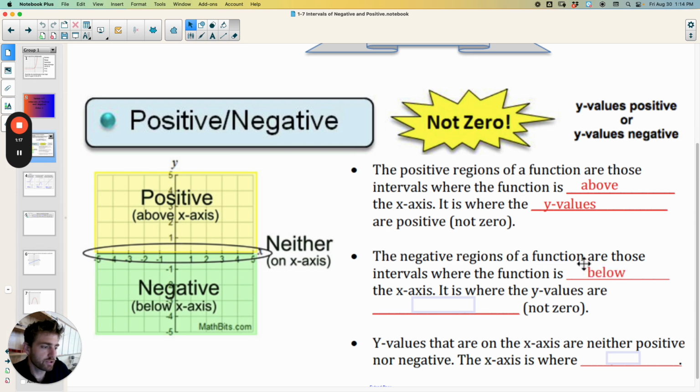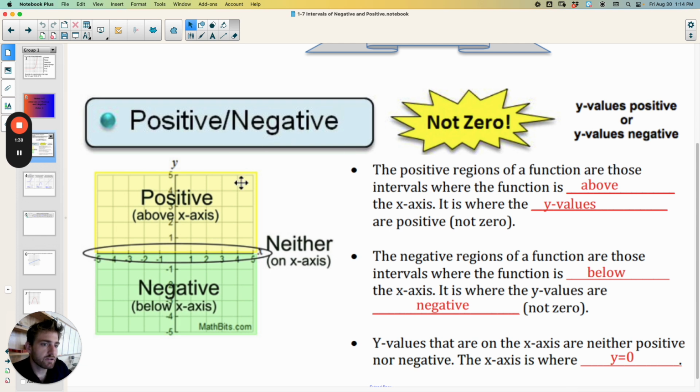The negative regions of a function are those intervals where the function is below the x-axis. It is where the y values are negative, not 0. And lastly, the y values on the x-axis are neither positive nor negative. The x-axis is where y is equal to 0. So you can fill those in your notes.